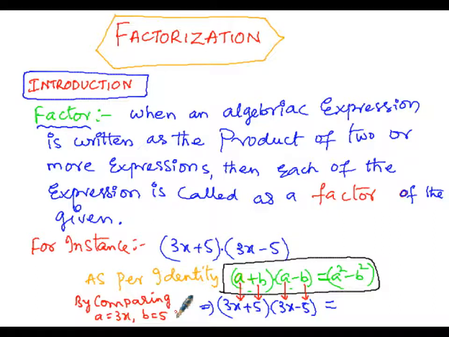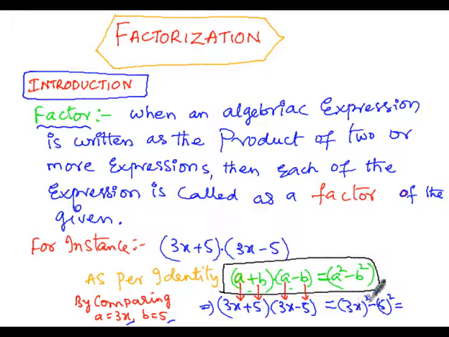Then the result will be a square, that is 3x whole square, minus b square, that is 5 whole square. It is in the form of ab whole to the power of m, so according to the identity, a to the power of m into b to the power of m, the square is applicable for both 3 and x.